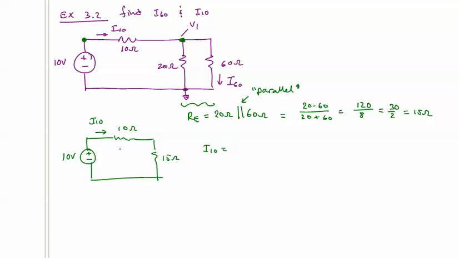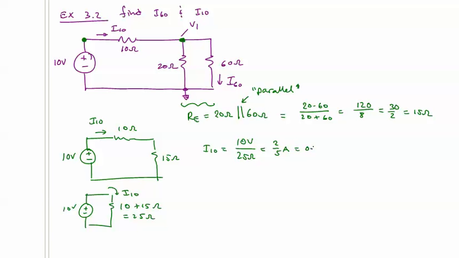We could write a KVL equation, but it's even simpler just to note this is 10 plus 15 ohms, or 25 ohms. So the current I-10 flowing here is simply the total voltage divided by the combined resistance. So that's 2/5 of an amp, or 0.4 amps.